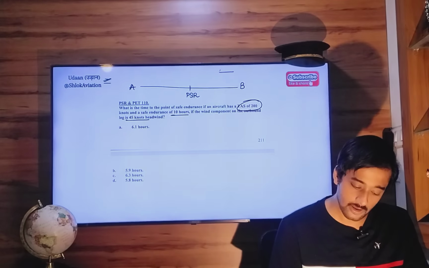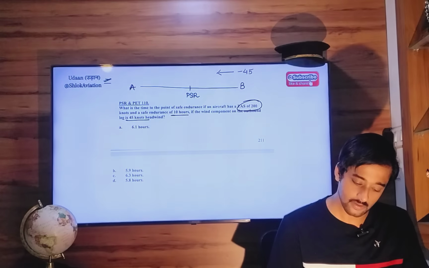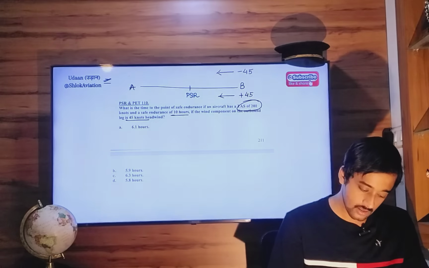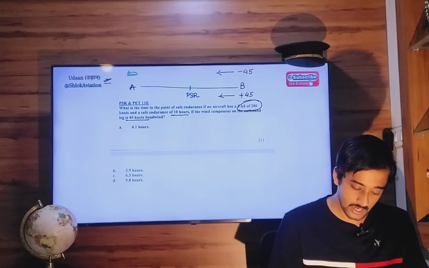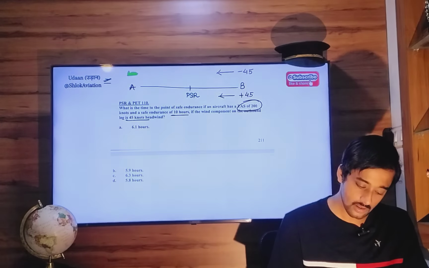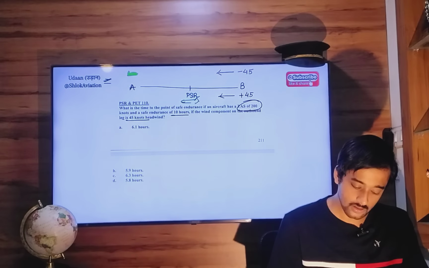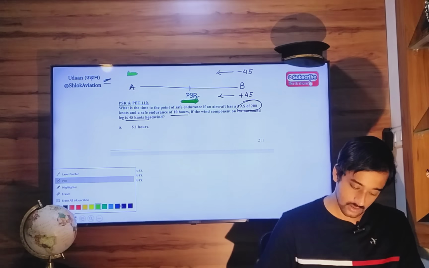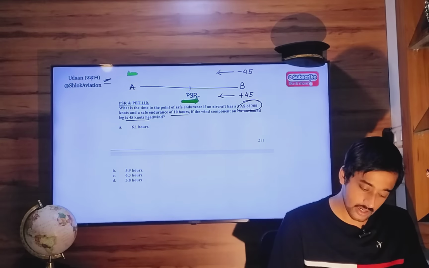Outbound leg we have 45 knots headwind. On the inbound leg it will be a 45 knots tailwind. Here is your aircraft at A, here is your aircraft at point of safe return. Now TAS is 200.